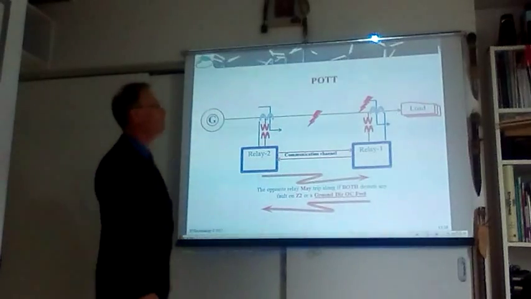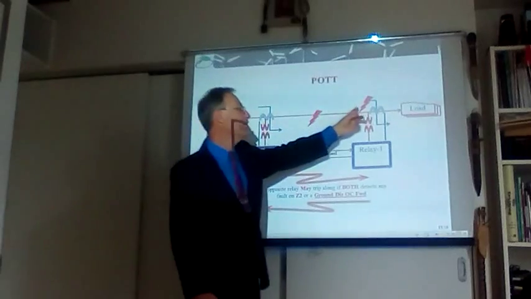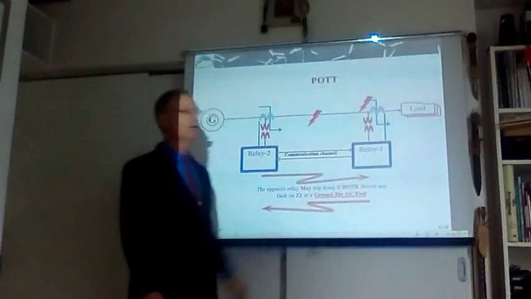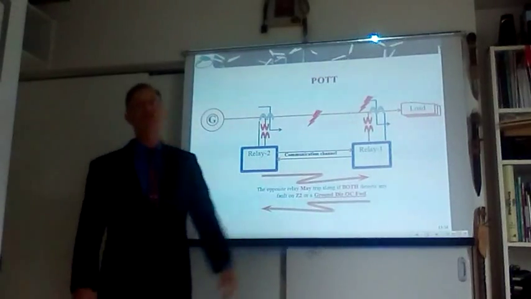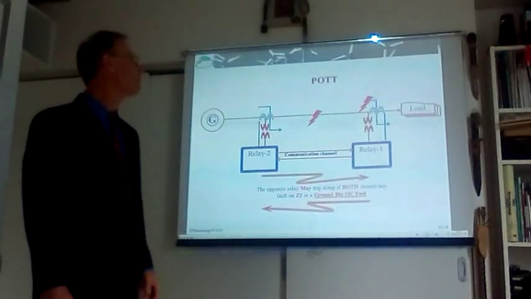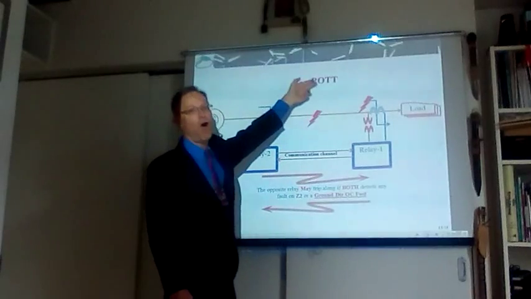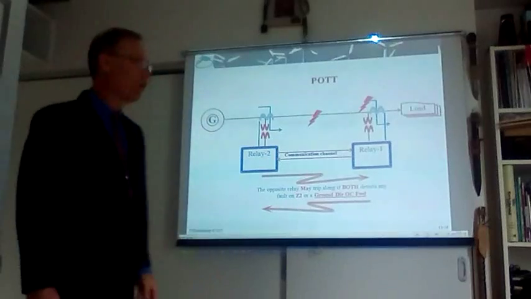Another type of clearing a fault is when a fault is being detected at the very end of the line or even beyond the line. The command to trip is being replaced by a permission to trip. And that's why we call it a permissive overreaching transfer trip.